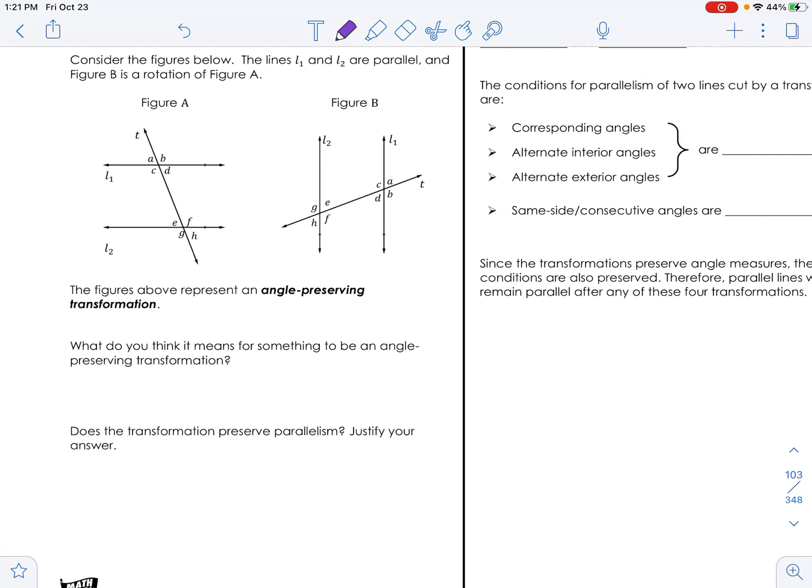So what does angle preserving transformation mean? Well, we're preserving the angles. So all angles keep the same measurement.